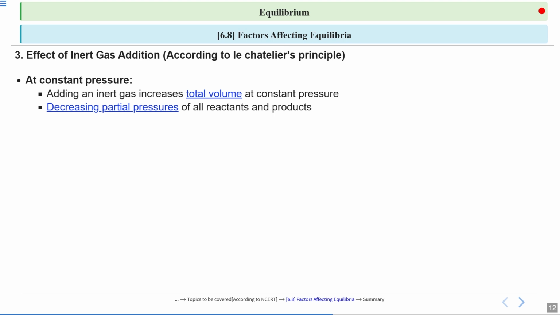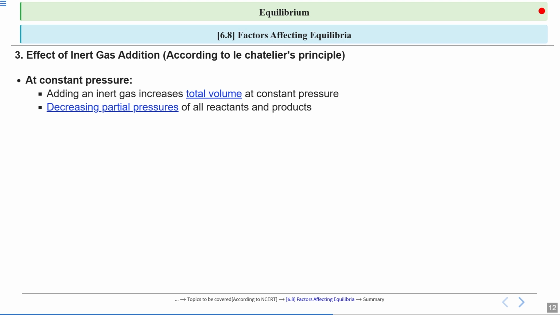Now, what is the effect of this addition? All this increase or decrease in pressure is affecting the equilibrium because the partial pressure of the reactants and products is increasing or decreasing. Okay, so try to understand this. You are increasing the total volume, but you are keeping the pressure constant.